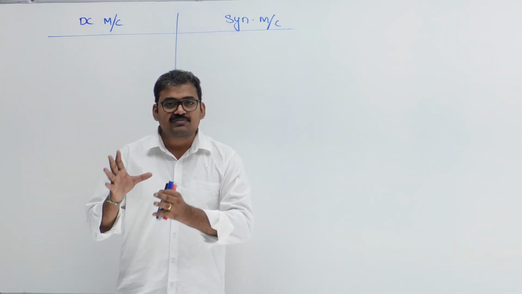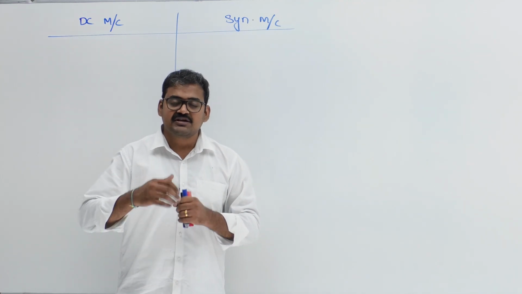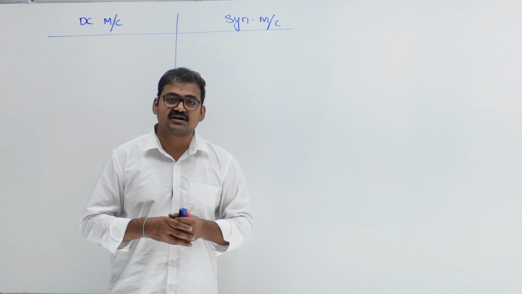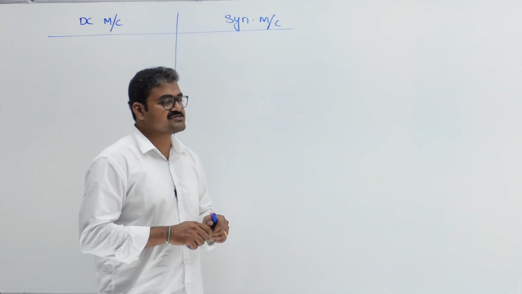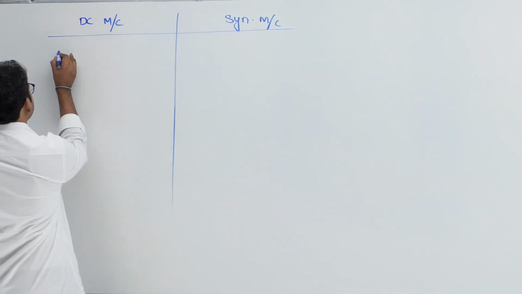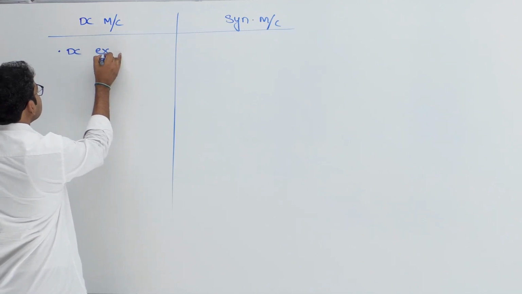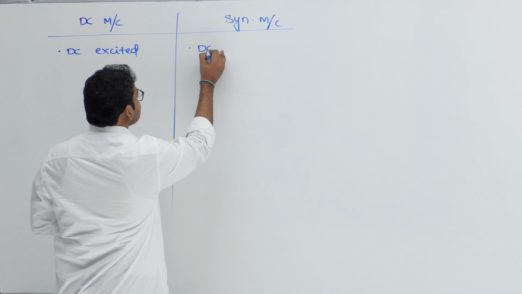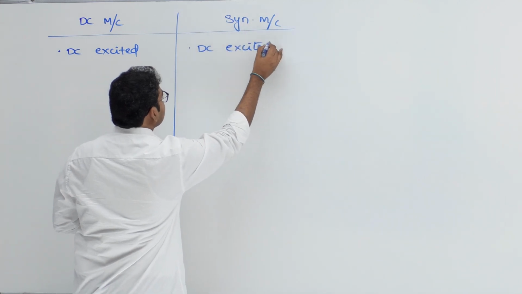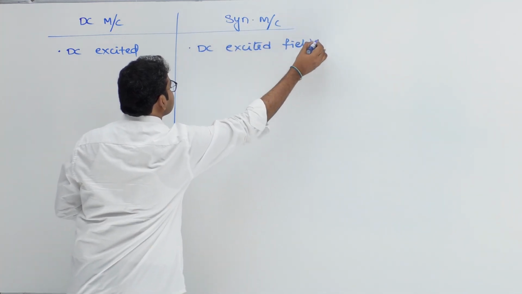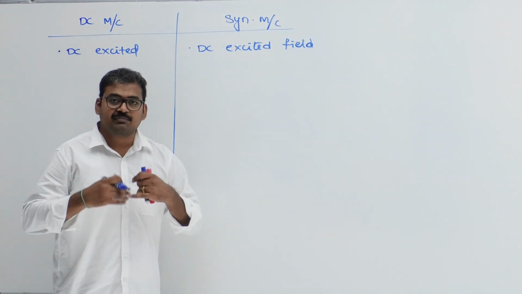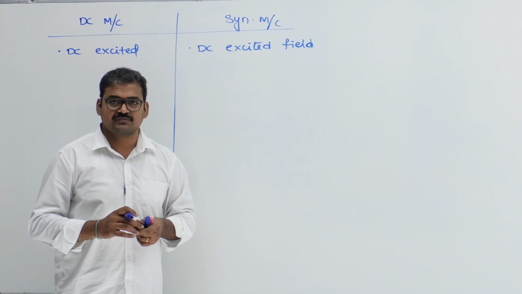A time invariant magnetic field can be produced by using DC current excitation. So we are using a DC excited field in a DC machine as well as in a synchronous machine. In both machines, we create the magnetic field by using DC current excitation.